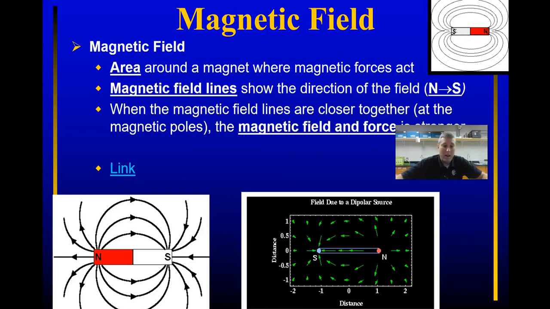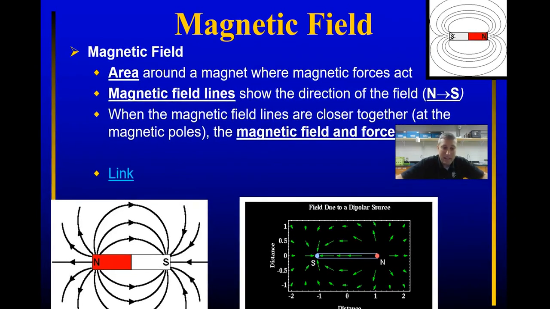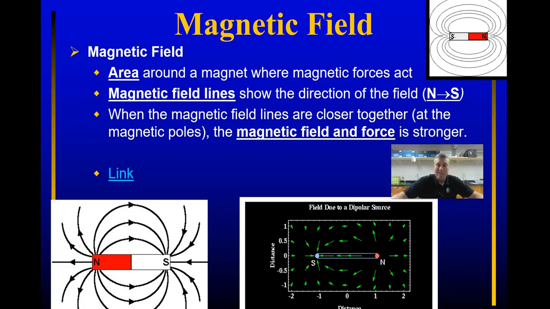Now, around a magnet, we have a magnetic field, and it's greatly represented in these pictures here. This one is really good because you see the arrows. The way the triangle is pointing is the force of attraction. The north is being attracted to the south, and vice versa.